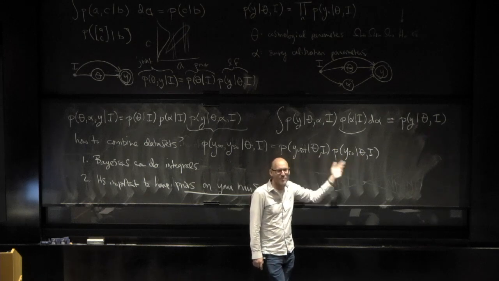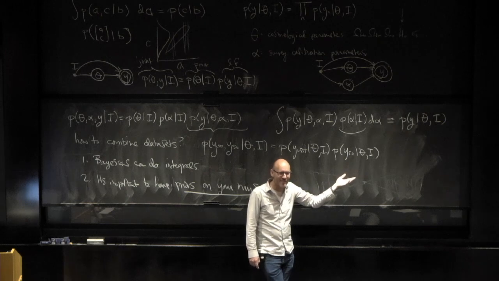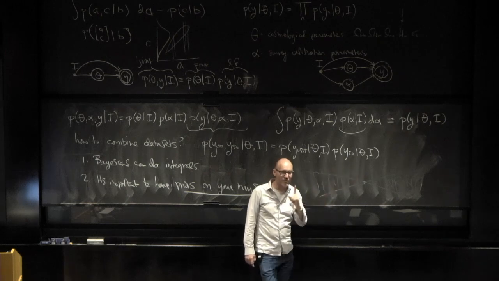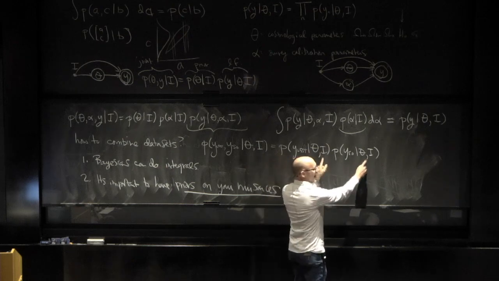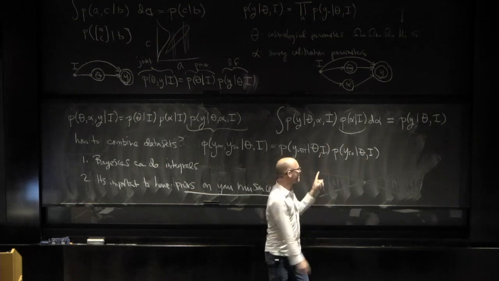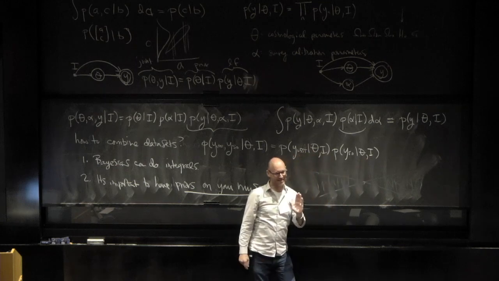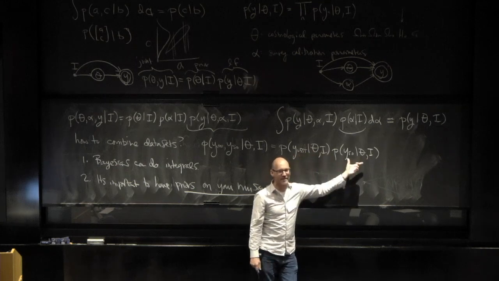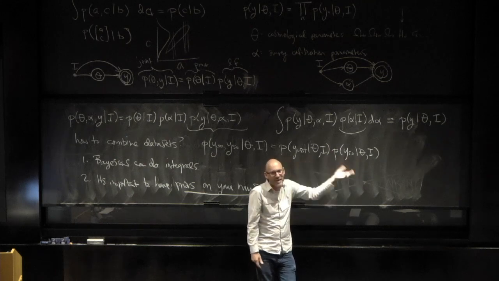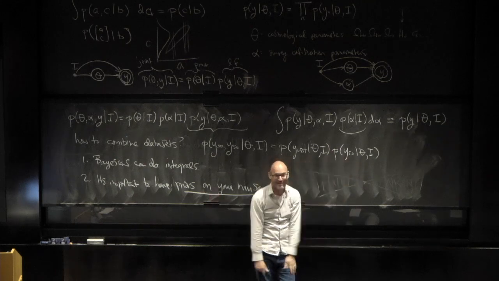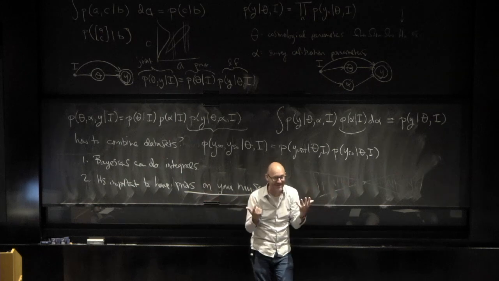Otherwise, there's no point in multiplying these together. That's why, by the way, they both have the same I here, because they have to agree on certain things. So if this was all done in steady state cosmology, and this one's done in lambda CDM, there's no point in multiplying them together because they have different parameterizations and they don't connect to the same things.